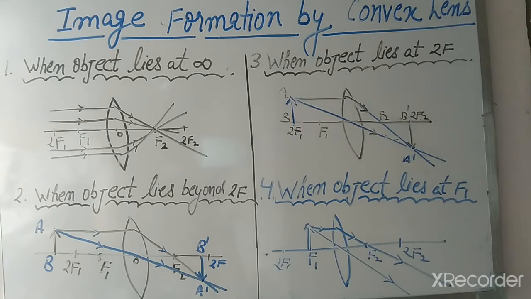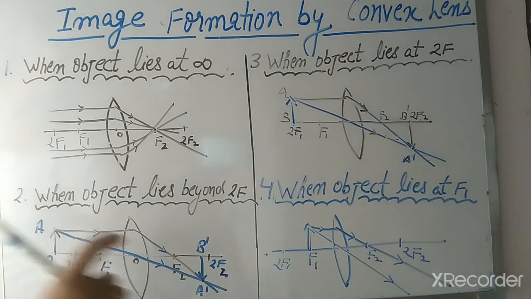And what is the nature of the image, or the characteristics? We see that the image is formed between f2 and 2f2, right? So the image is forming between f2 and 2f2, and it is real and inverted. The relative size of the image is diminished as compared to the object.